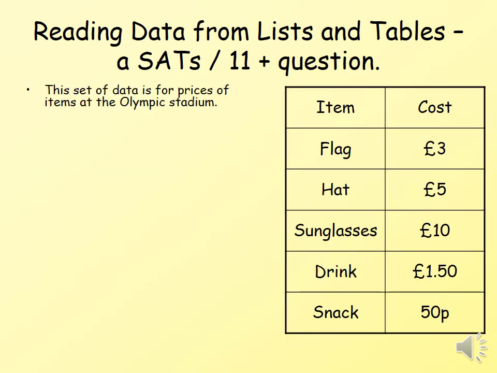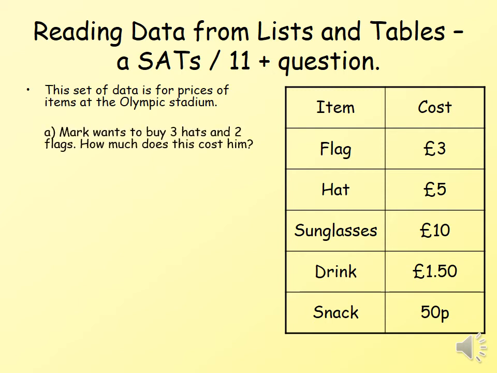Okay, there's one more question. So this set of data is for prices of items at an Olympic stadium. So we've got flags, hats, sunglasses, drinks and snacks. So Mark wants to buy 3 hats, 2 flags. How much does this cost him?